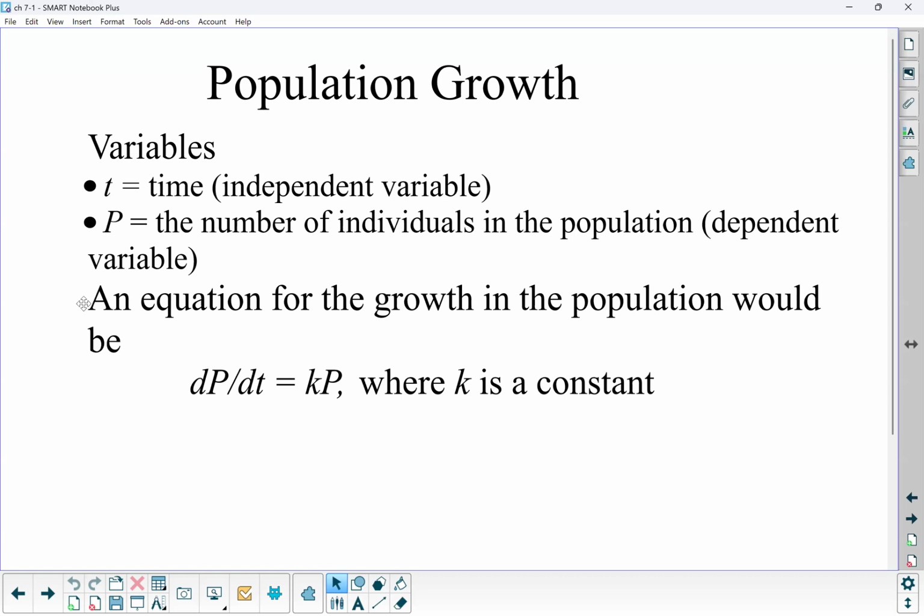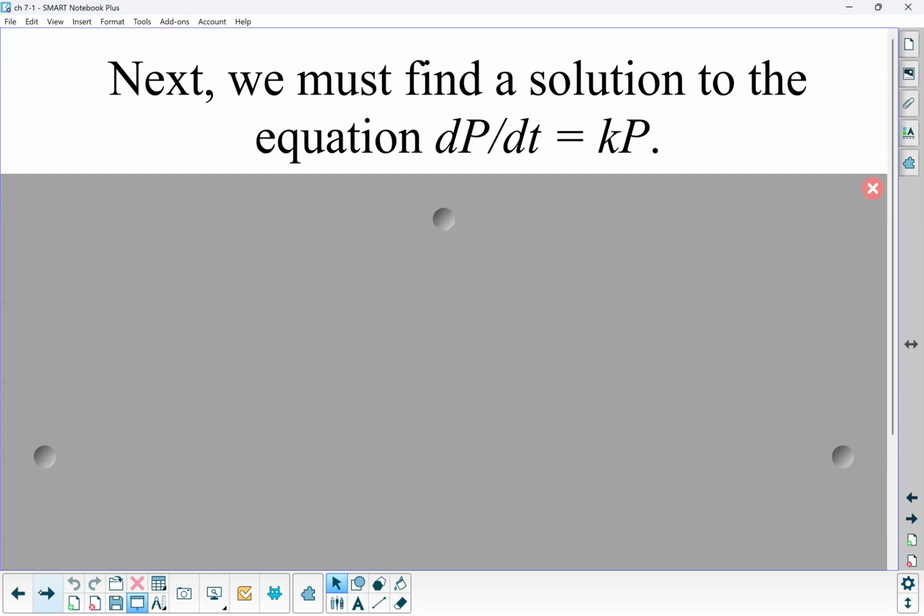An equation for the growth in the population would be dp over dt is equal to k times p. Basically, the change in population with respect to time is equal to some constant times the population. So what we would want to do is find a solution to that differential equation.